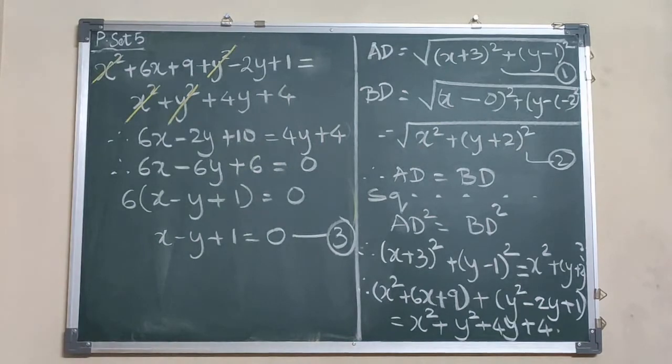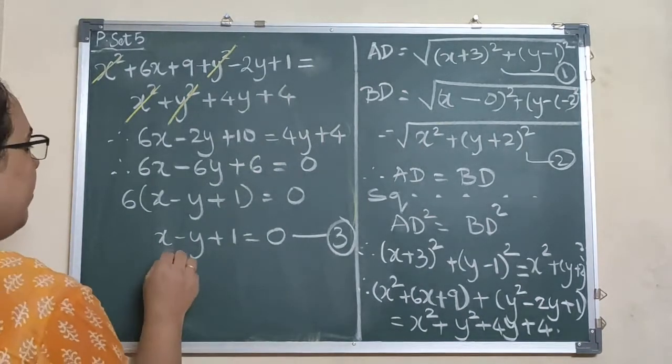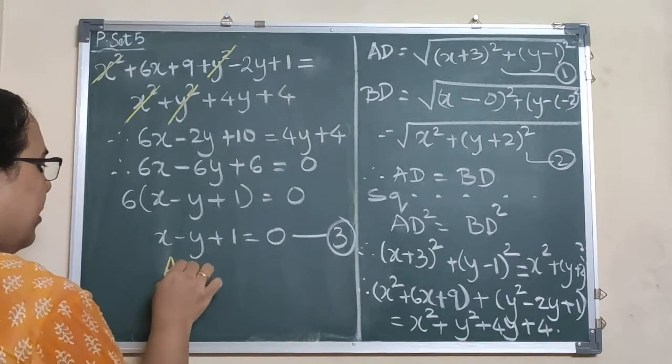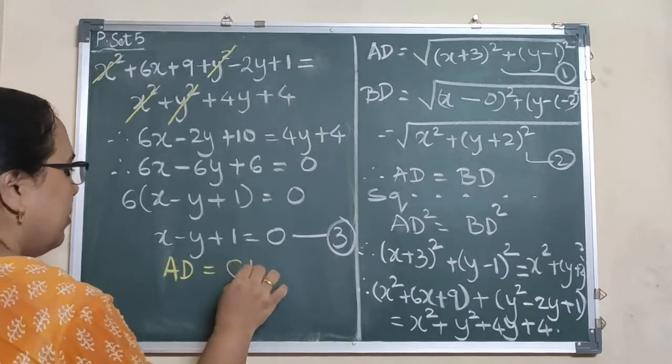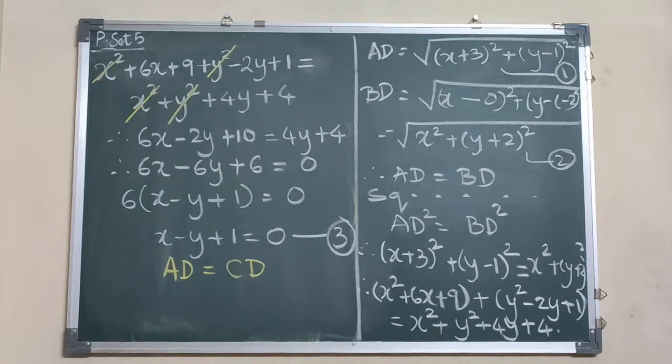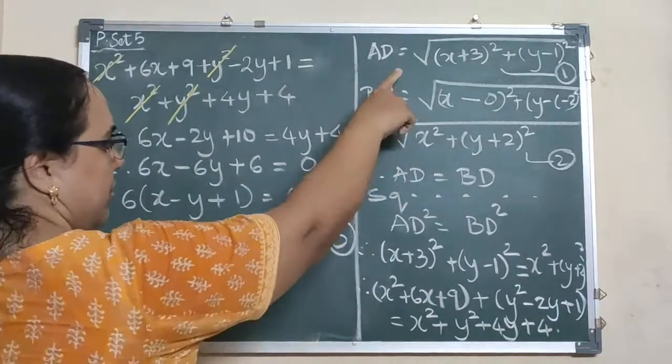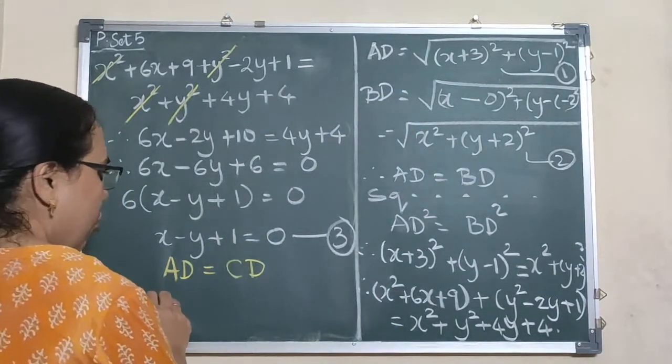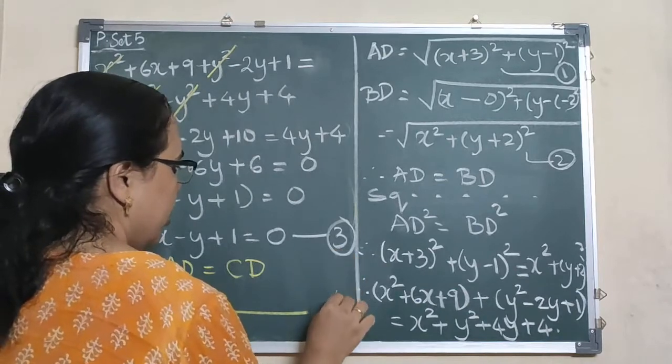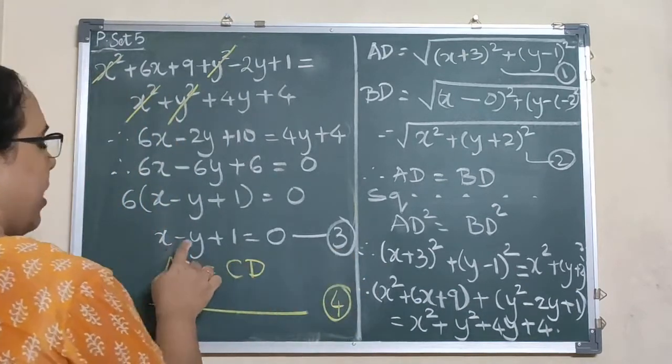So after you get this equation, similarly you have to solve AD is equal to CD, using the same pattern. And when you solve, you will get another equation in the variables x and y.